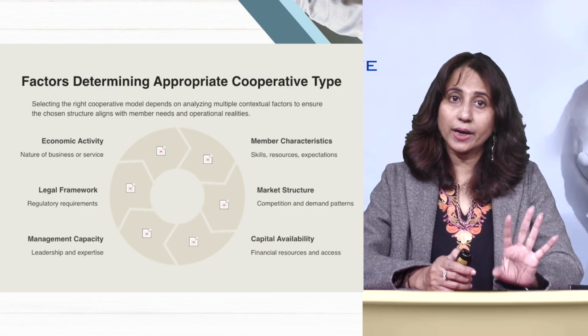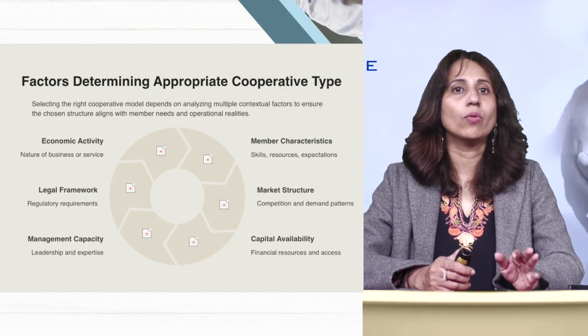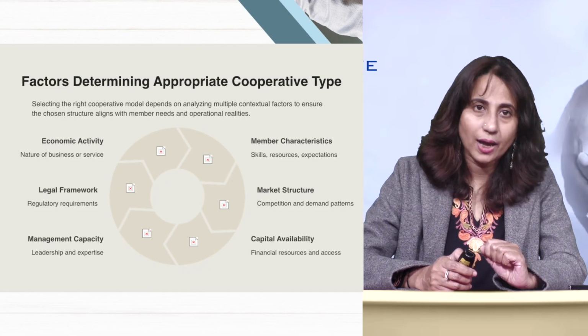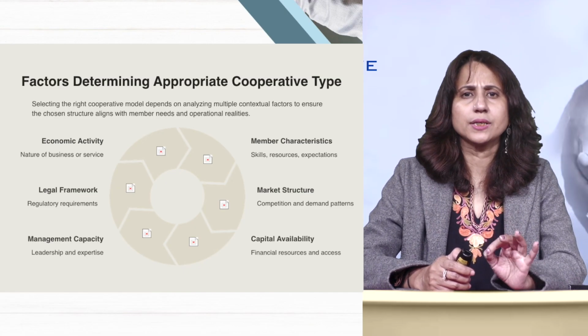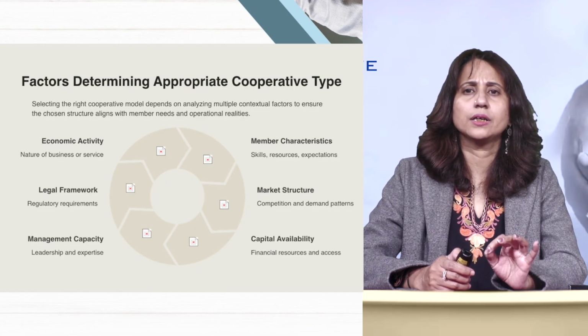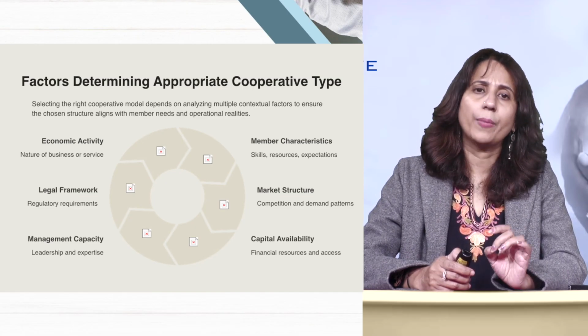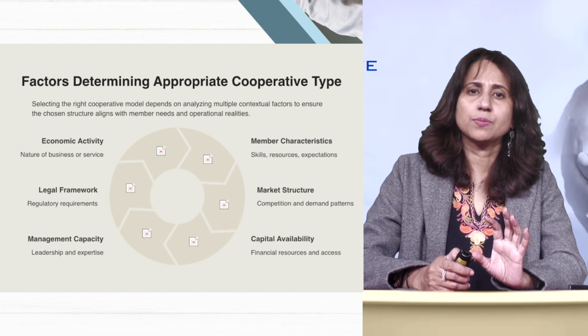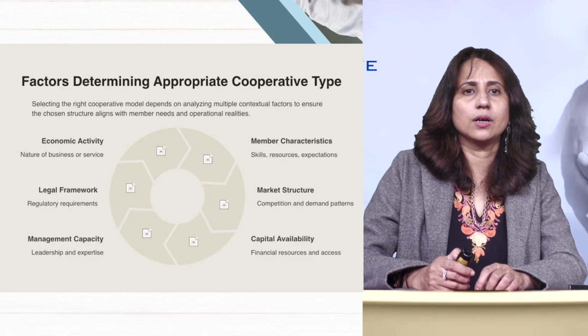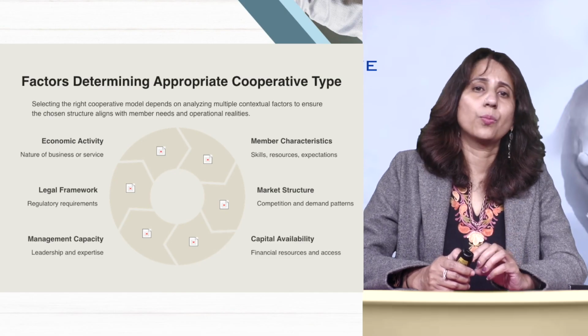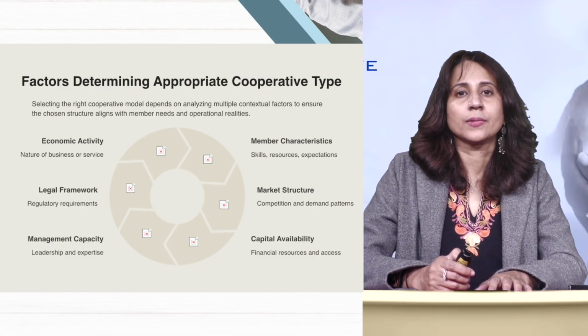So the market structure again is one of the factors determining the appropriate cooperative type. Then the capital availability. Financial capacity of potential members determines viable models. The banking cooperative requires substantial initial capital, limiting feasibility to relatively prosperous communities.